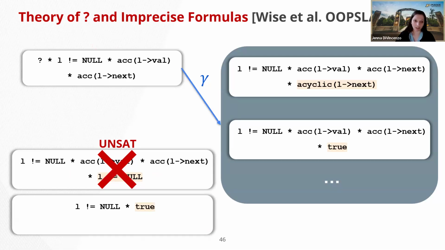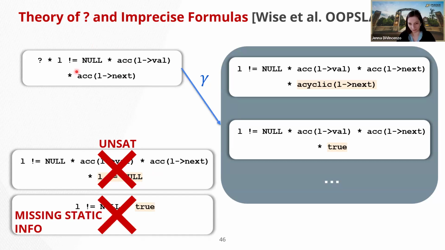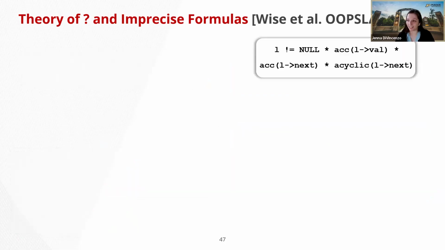So you can't have a formula that drops any of the static information, because you will end up breaking soundness. That's why we preserve static information. And then, like I said, the self-framing one really comes from being able to make sure we respect the ownership logic of memory safety. That one needs a lot more details to explain, and I won't get into those details today.